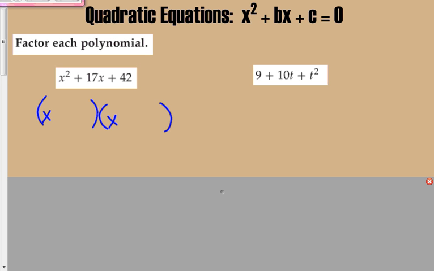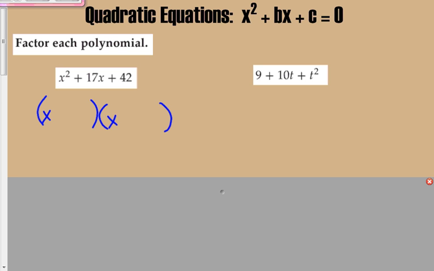So we have to think about what factors 42 has that will also add to get 17, your middle number. So when you're working with your c, your last number, the two factors you write down have to also add to be 17, since everything is positive in this trinomial.